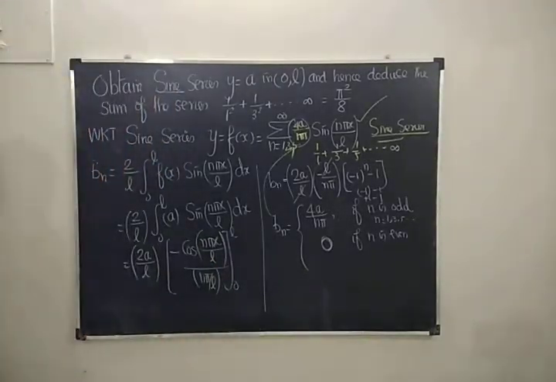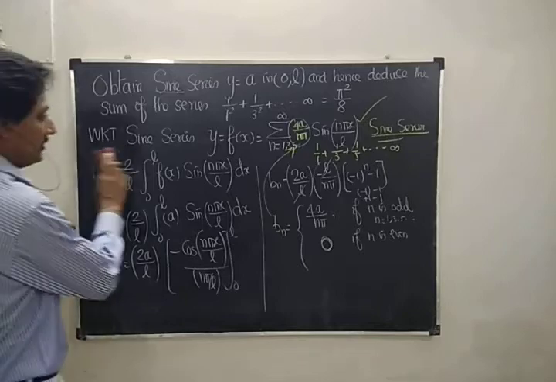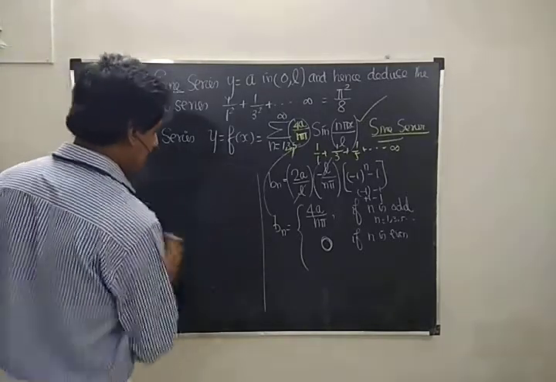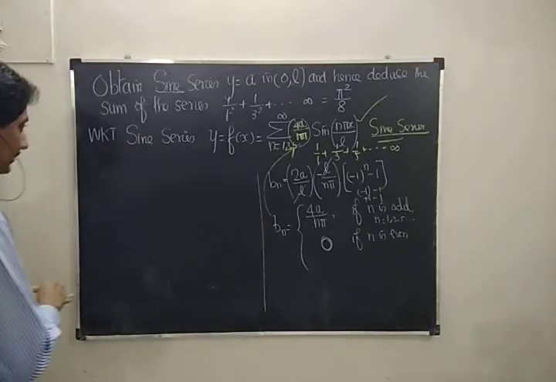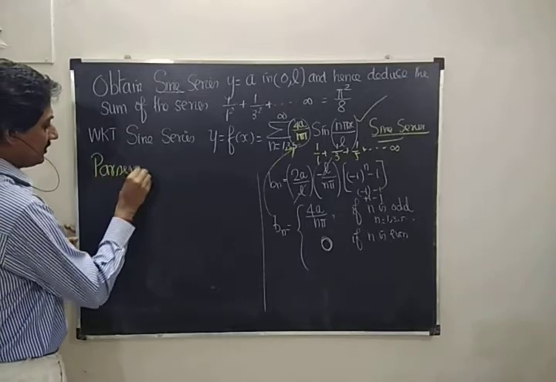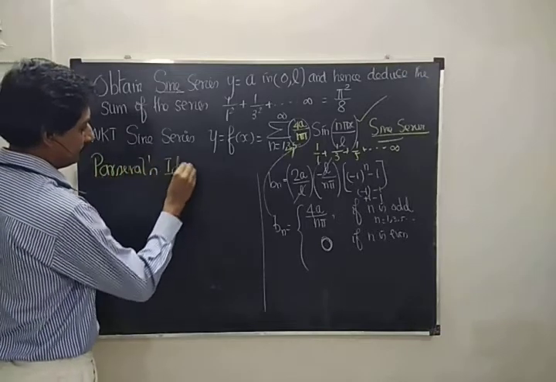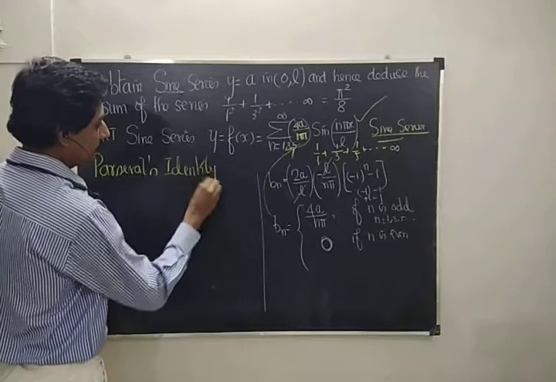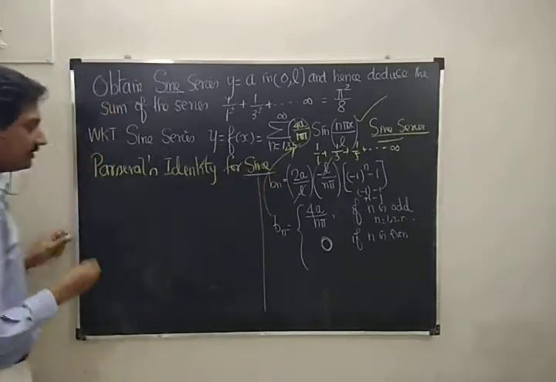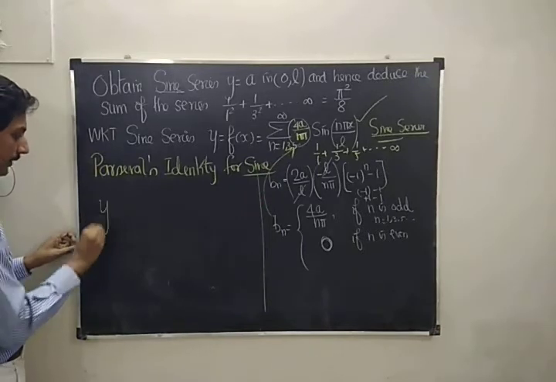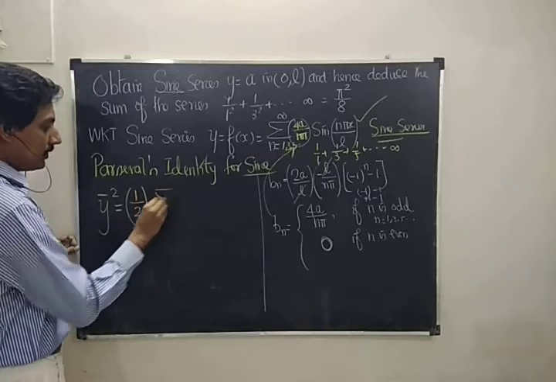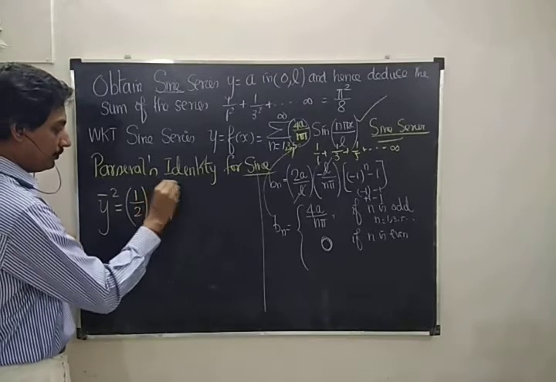So what will be the Parseval's identity for the sine series? The Parseval's identity for the sine series is nothing but y bar square is equal to 1 by 2 into sigma n is equal to 1 to infinity bn square.